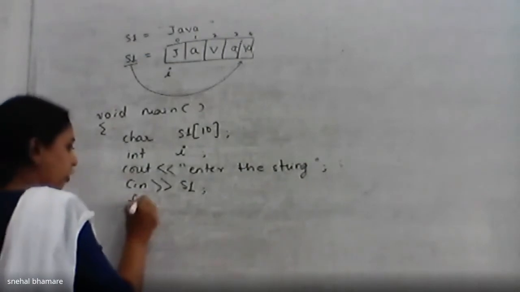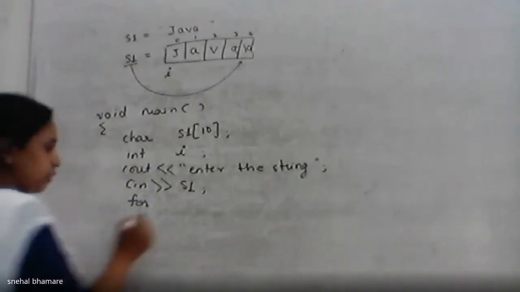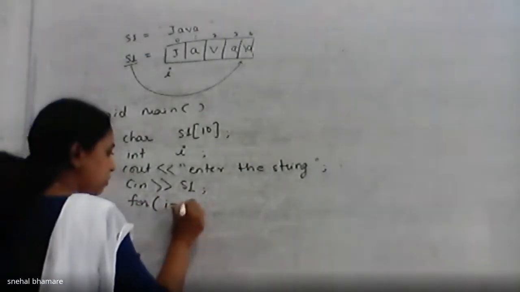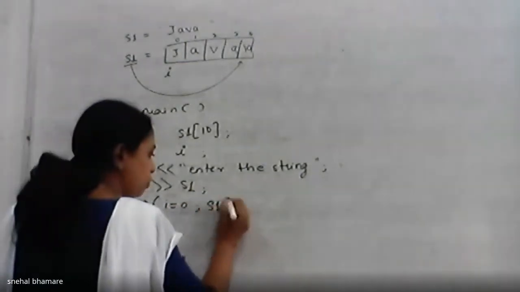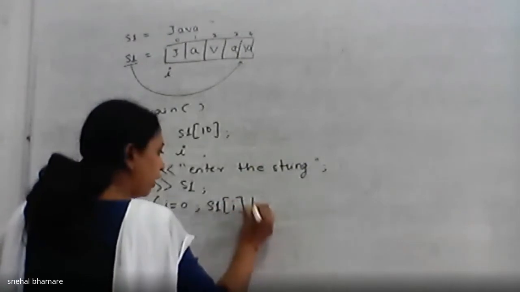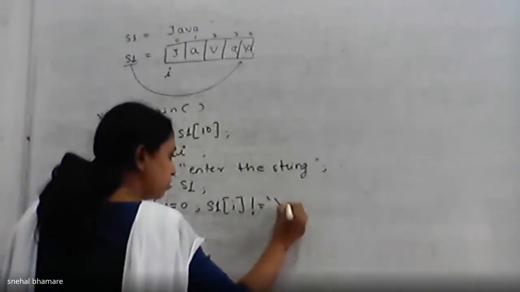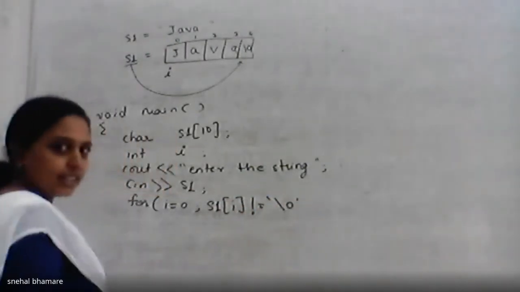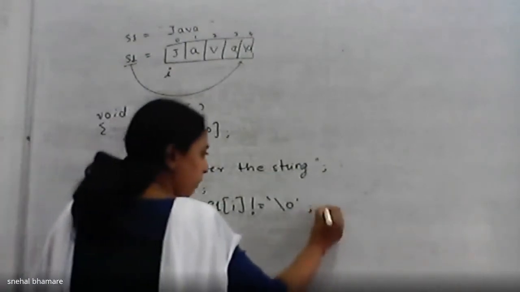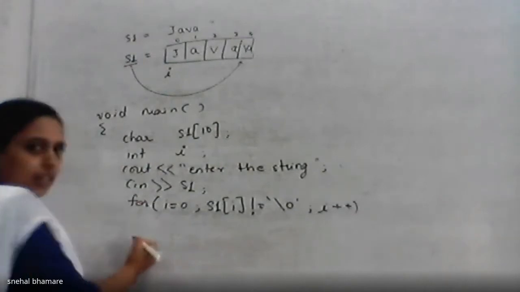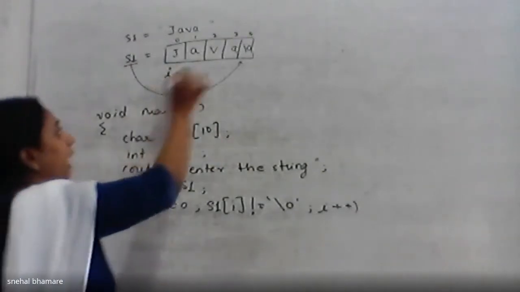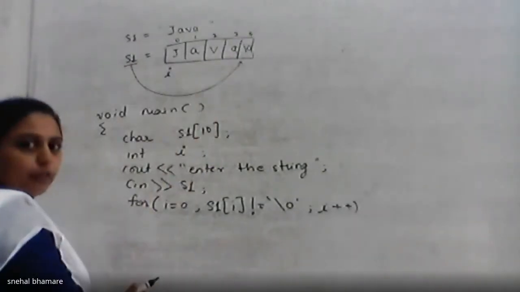Then using for loop we will calculate its length. So for I is equals to 0, now condition will be S1 of I not equals to, in single quotes we will write /0 character, comma, I plus plus, right? Since we have to only increment the I variable, we don't have to perform any other operation.